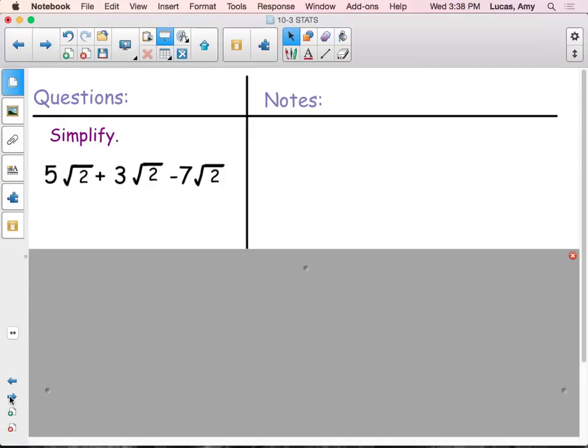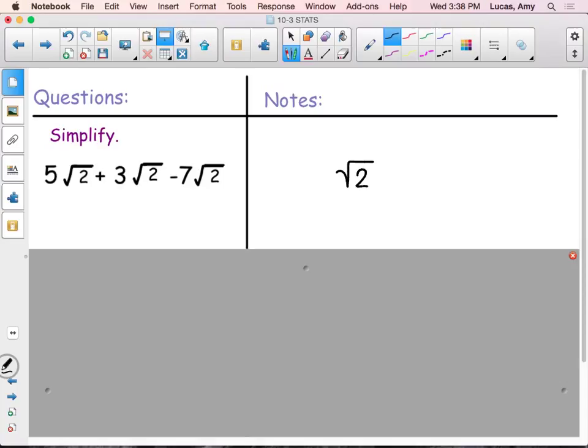So 5 times the square root of 2 plus 3 times the square root of 2 minus 7 times the square root of 2. So you notice that they all have the square root of 2 as their radical part. So I can take the numbers in front and add or subtract them. So 5 plus 3 minus 7. 5 plus 3 is 8.